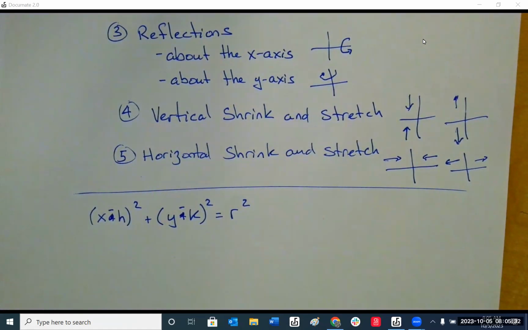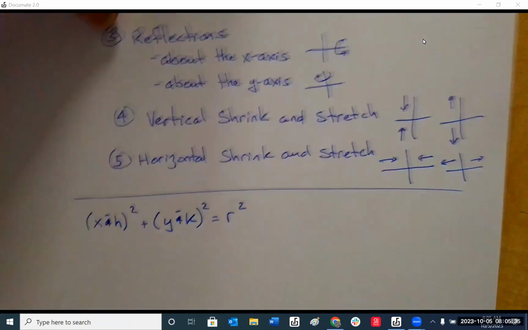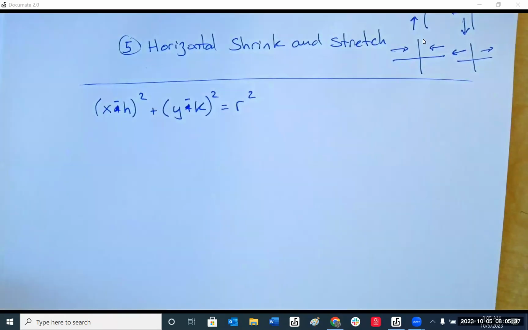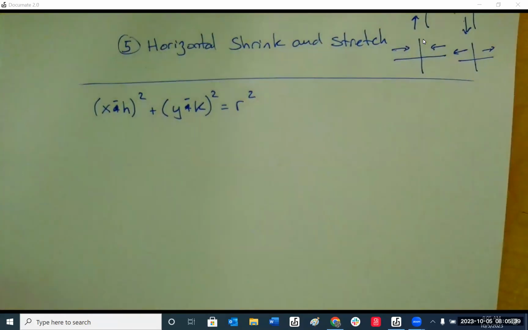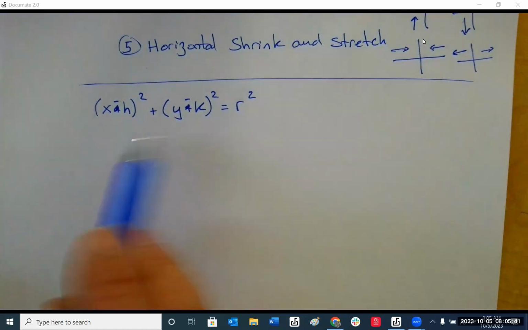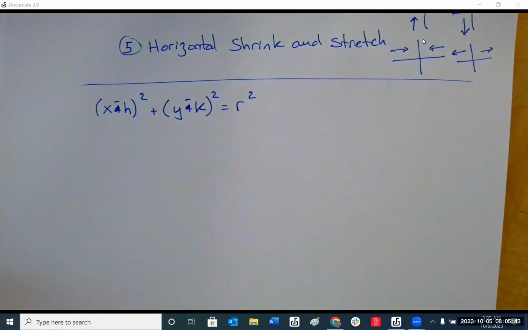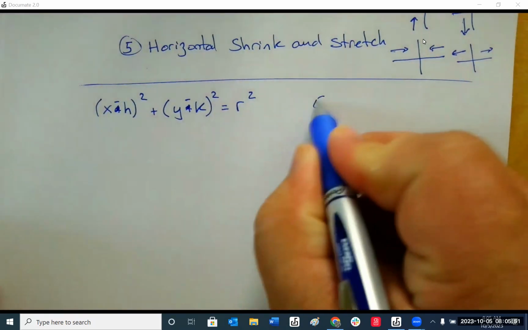What does that represent? What does that equation represent? From chapter 1, section 5 or 6, or 4, maybe 4. Yep. This is an equation of a circle.